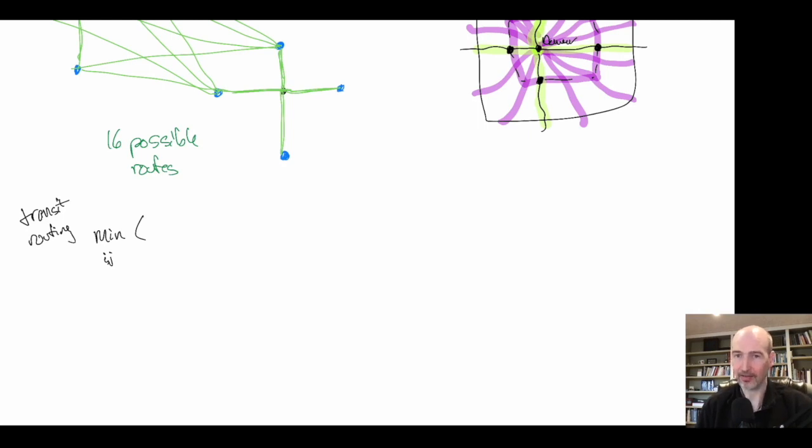At least at a high level. As I said, in practice there are some details about doing local paths and things like that that I'm not going to talk about.